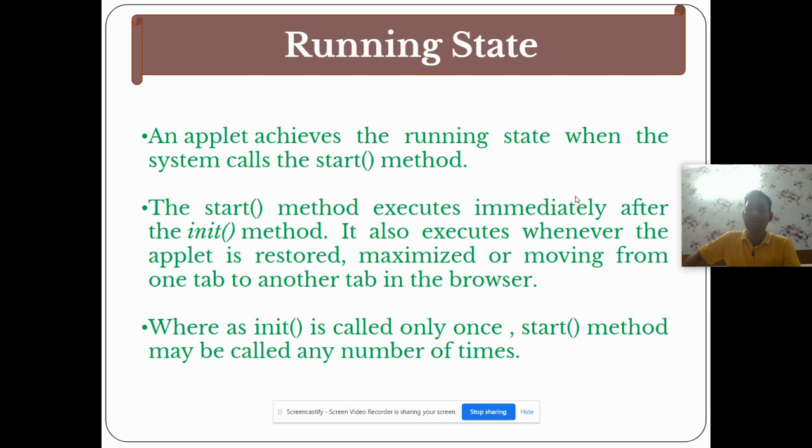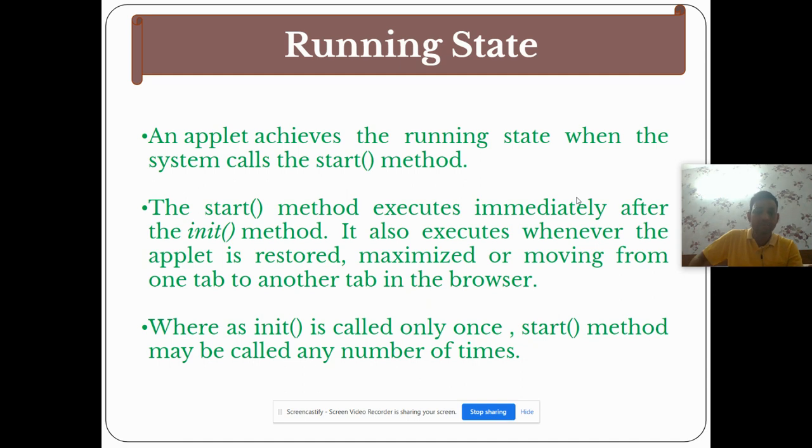What does it mean? That means the applet is basically used in the internet. So whenever we switch from one tab to another tab, the active applet of one tab goes to the idle state, and whenever we come back to this tab, the browser is active, and at the same time the applet is also active.